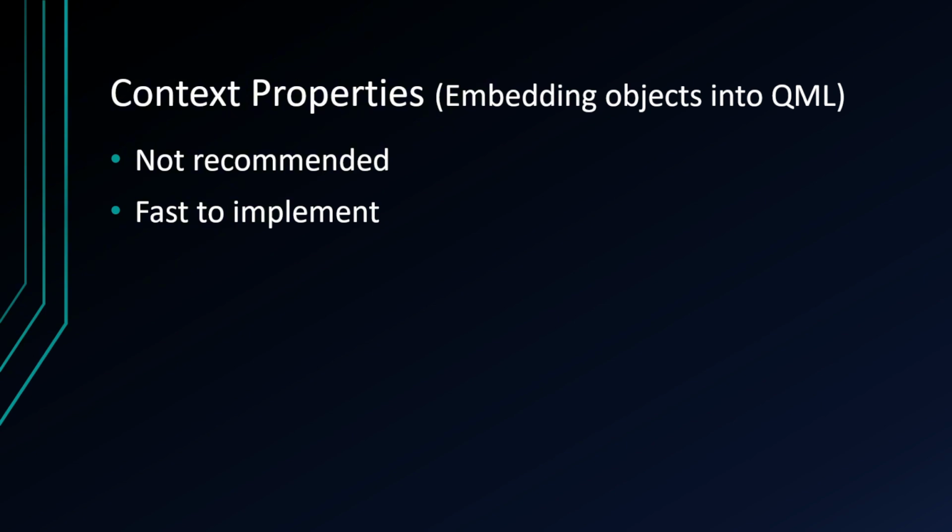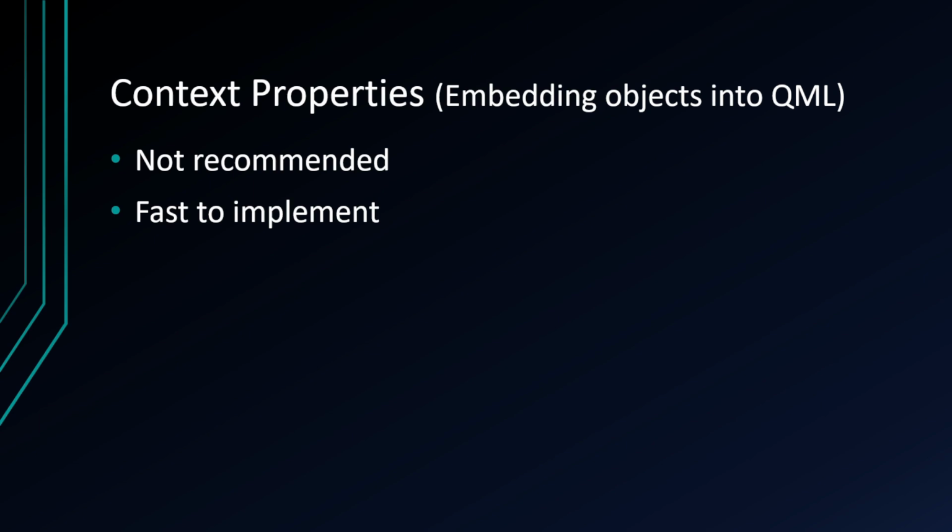It is the simplest one, and we'll start with the simplest one, and in the end we'll use the most recommended method. Okay, the first way of passing a C++ object into QML is with context properties.